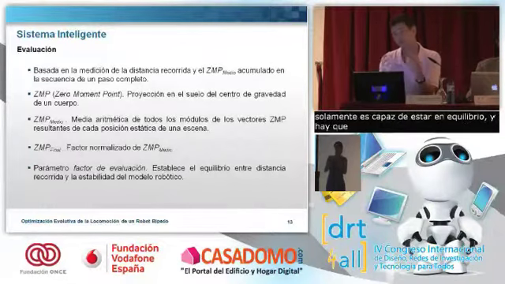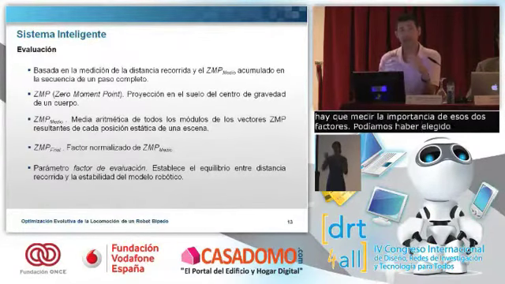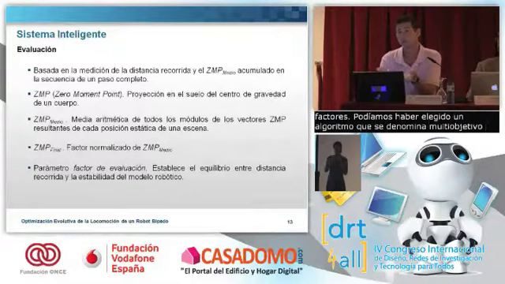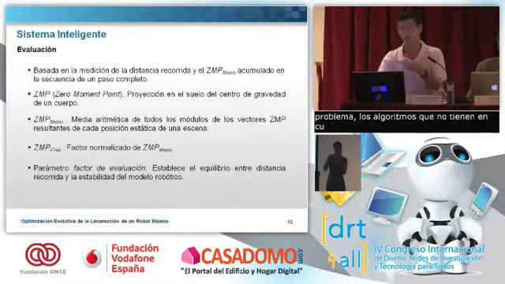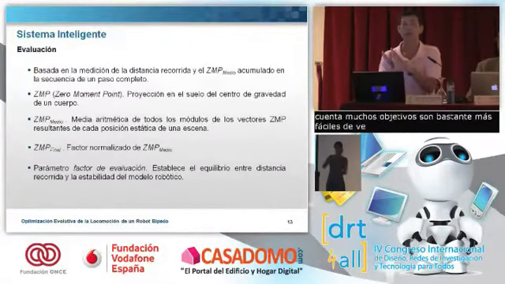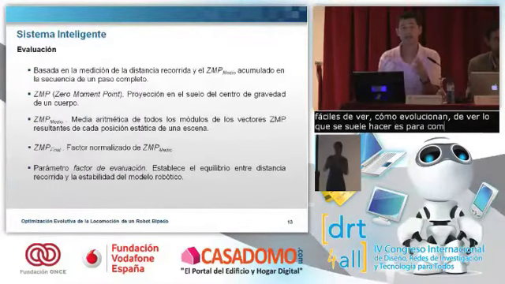So we need to measure the importance of those factors. We could have chosen an algorithm, like a multi-objective algorithm, which takes into account those factors. But given the complexity of the problem, the algorithms that do not have this into account are easier to test. And that's why we transform.